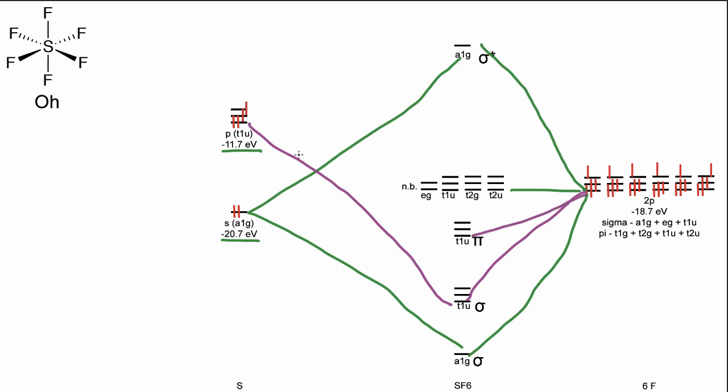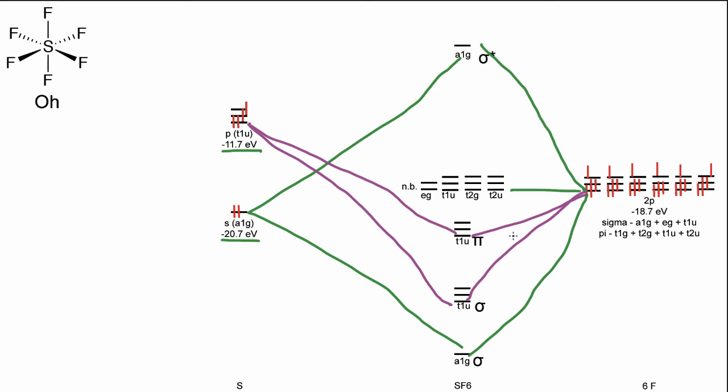Now, since we're drawing qualitative MO diagrams, we don't really have to concern ourselves so much with whether this is going to be above or below the energy of the s orbital, or what the exact distances between them are going to be. We can't really determine that very well just based off of the information that we have.